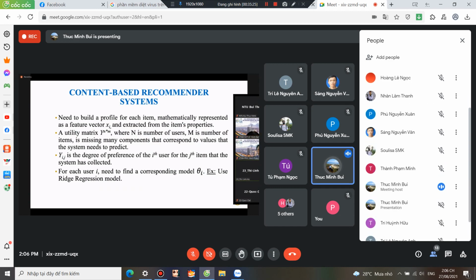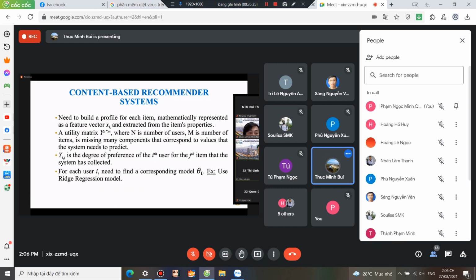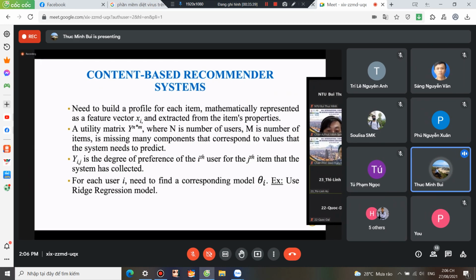Yij is the degree of preference of the user with order i for the item with order j that the system has collected. For each user i, we need to find a corresponding model theta i, for example a linear regression model.